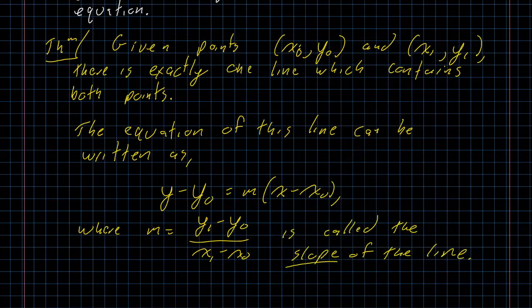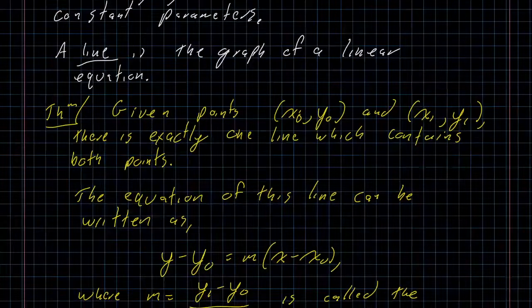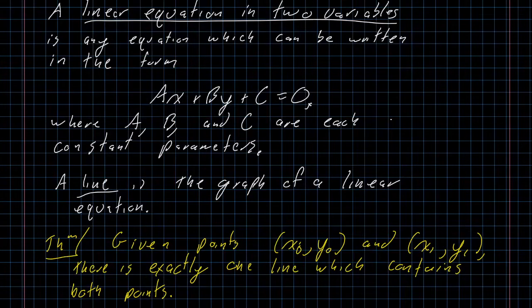All right. So let's take a look at this. Before I get started on the proof of this theorem, I want to point out, if I scroll up a little bit, that this equation of a line is not unique.